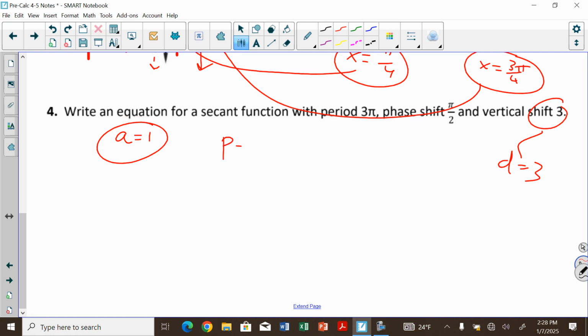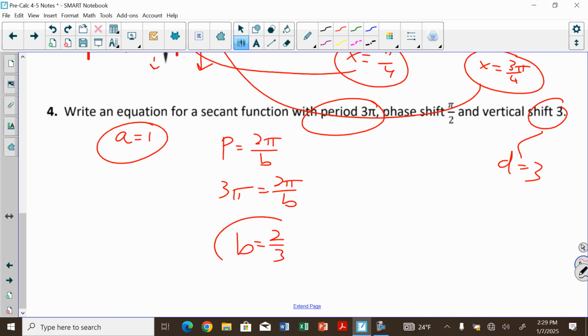So my period, again, was 2 pi over B for these ones. My period, in this case, they told me was 3 pi. So it's 3 pi equals 2 pi over B. So that I can solve for that. It's going to save you the time: B ends up being 2/3. Okay, so that helps us there.